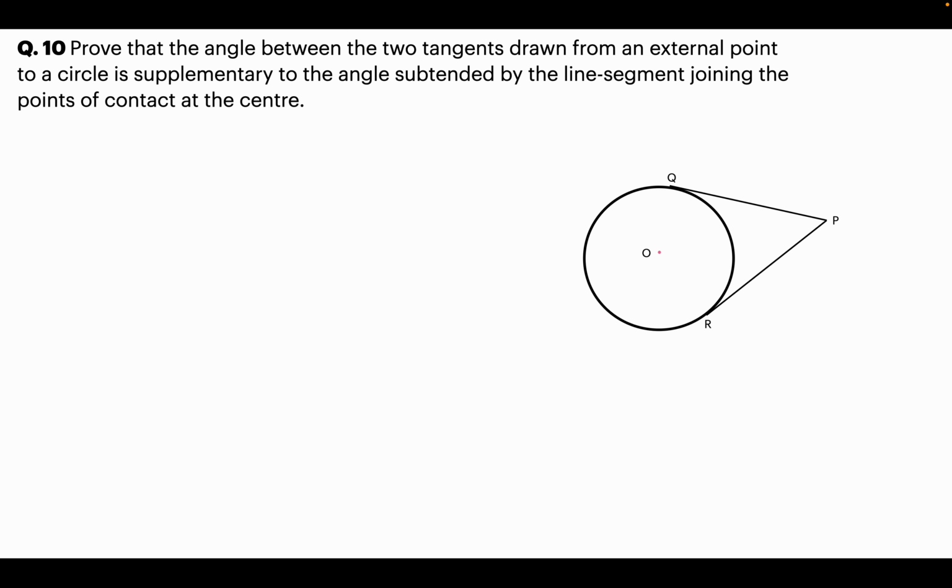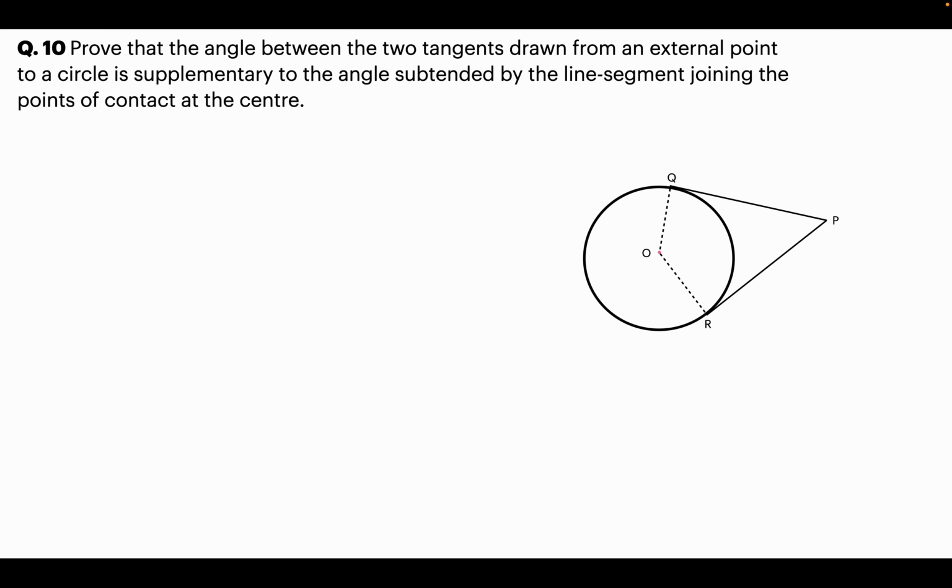Only then I can locate a point P outside the circle. I'll show you in a moment how and why. So line segments joining the points of contact at the center. These lines are joining the points of contact at the center.